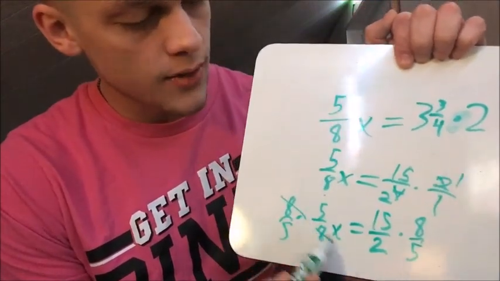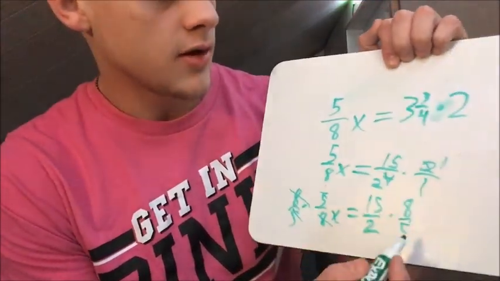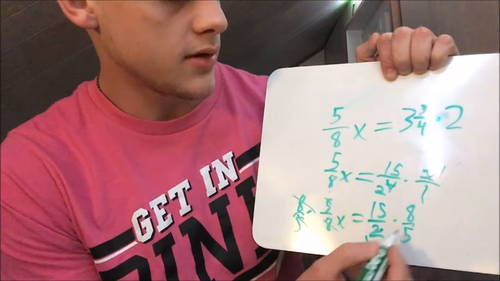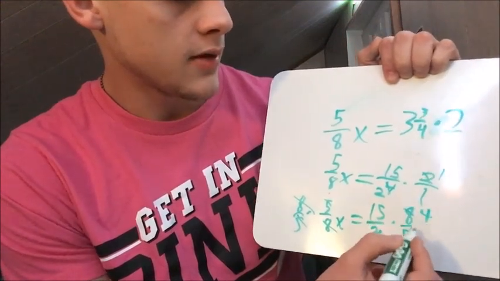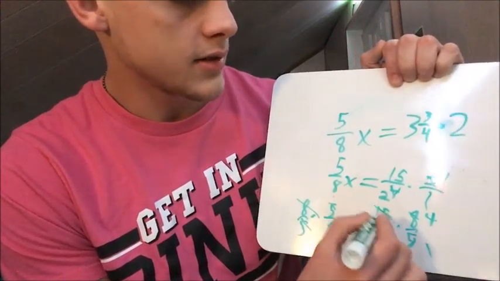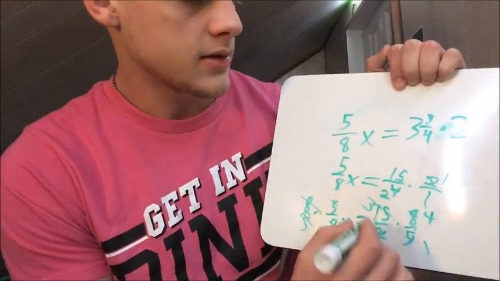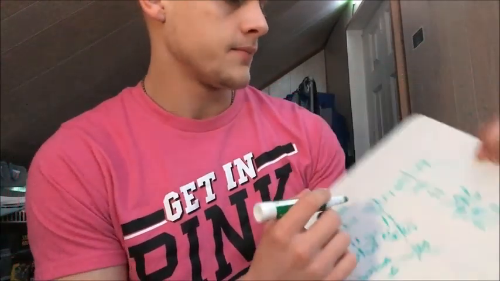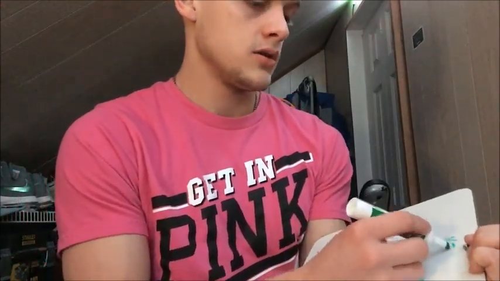So we would multiply by 8/5 on both sides. And that's going to cancel these out. They become a 1. Over here, this becomes a 1, this becomes a 4, this becomes a 1, this becomes a 3. So that's going to give us 12 on this side. So x should be equal to 12.